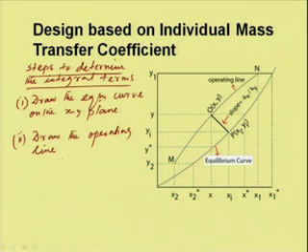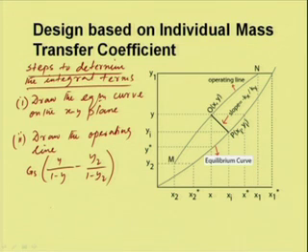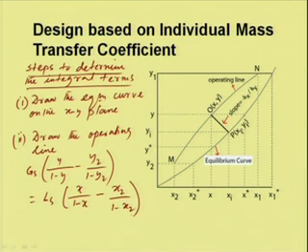And this operating line equation we know from the mass balance, we can write G S [y by (1 minus y) minus y 2 by (1 minus y 2)] is equal to L S [x by (1 minus x) minus x 2 by (1 minus x 2)]. So, this is the equation of the operating line.